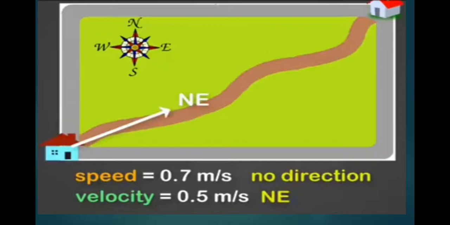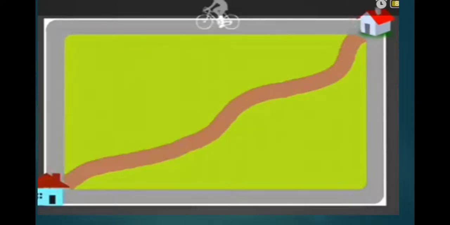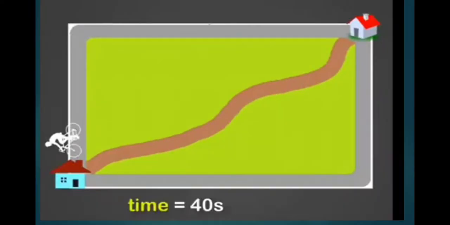Now let's say you come back from your friend's house using this path, but this time you didn't walk, you borrowed your friend's bicycle and came back really fast, let's say in 40 seconds. So let's discuss the physics terms here.